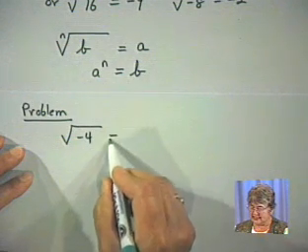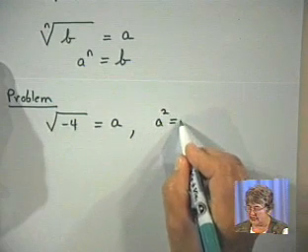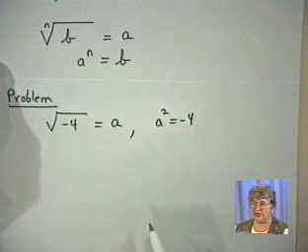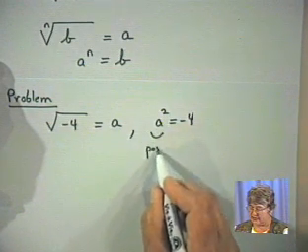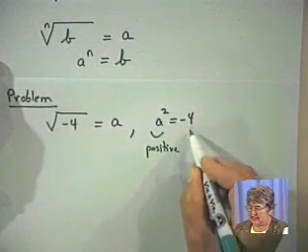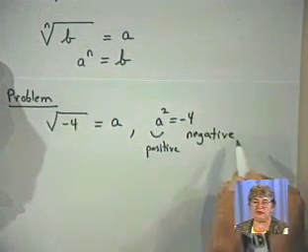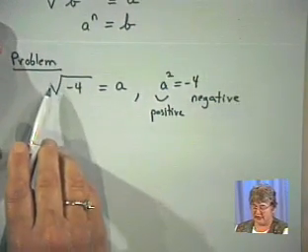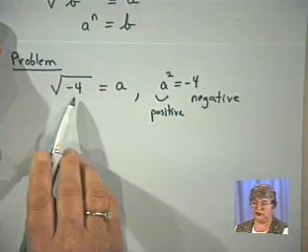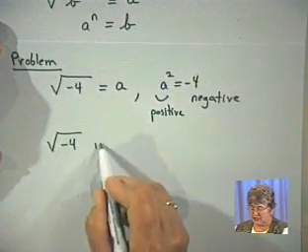In this case, let's say I'm looking for a number a, so that when I square it, I get negative 4. But that's impossible if we're looking at real numbers, because here a squared is a positive number, while negative 4 is a negative number, and a positive cannot be equal to a negative. Okay? So the problem comes up when we have even roots, or the square root of a negative number. That turns out to be not a real number.